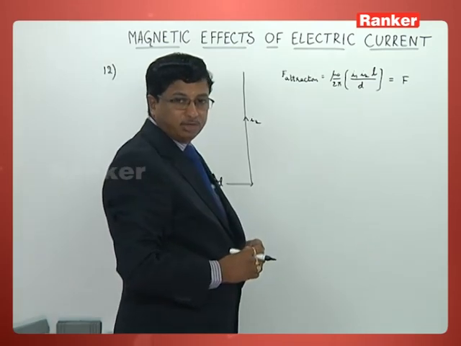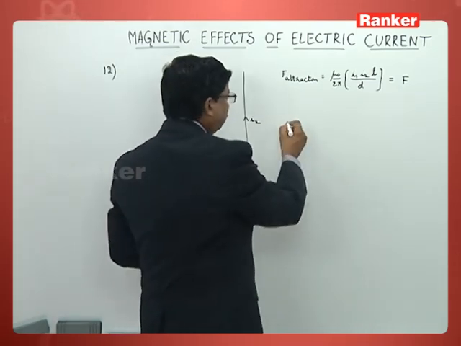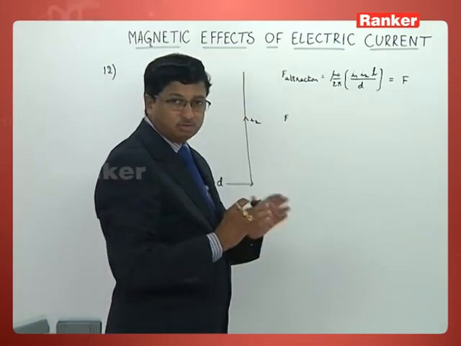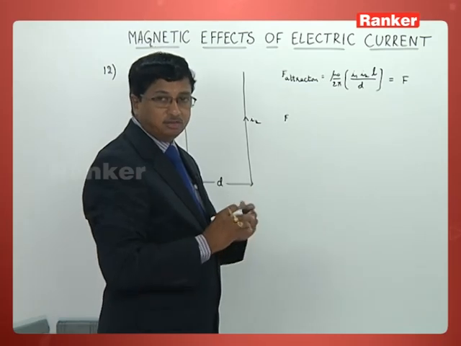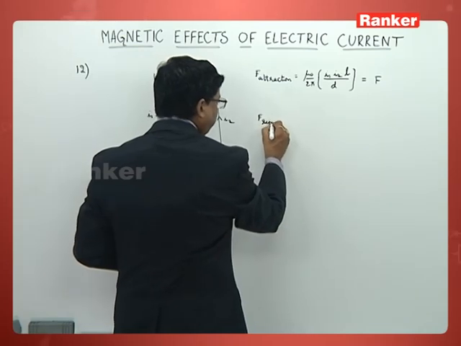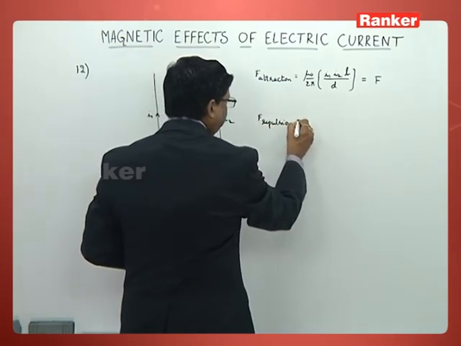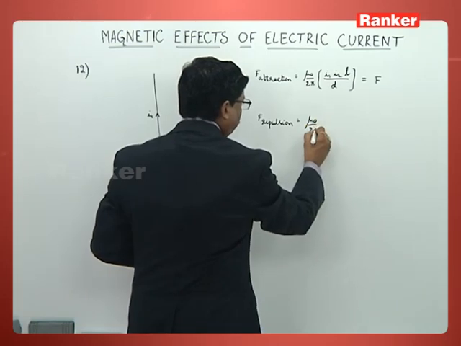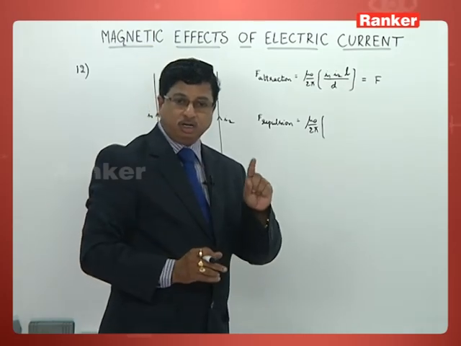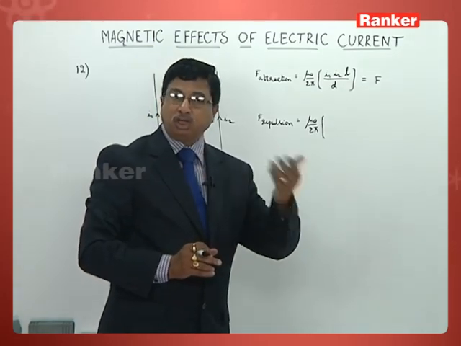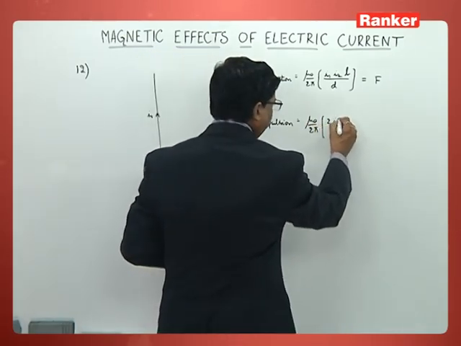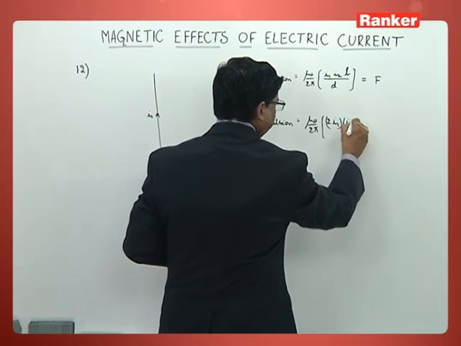That we can understand. Now he is talking about some changes made in these two conductors, the currents and the distance of separation. If you take F repulsion, it is equal to mu naught by 2 pi. What did he say? Current in one of the conductors is made 2 times. So let us say I1 is made 2 times, so 2I1, I2 as it is.